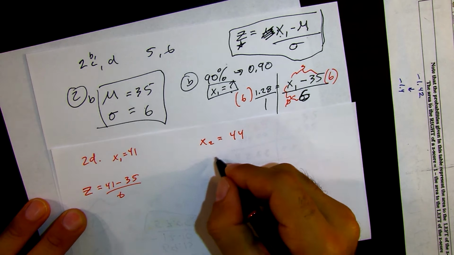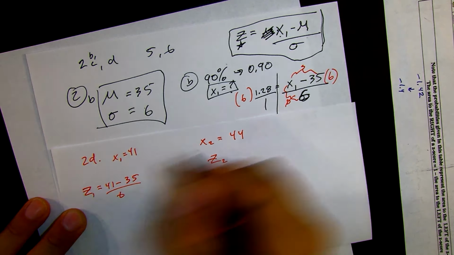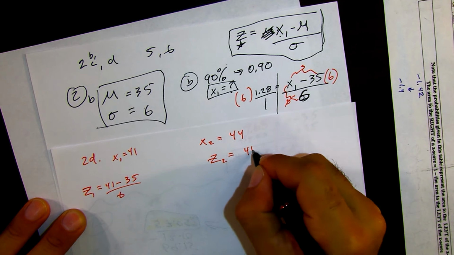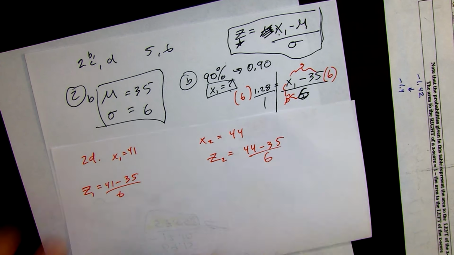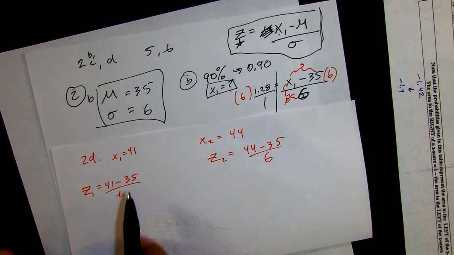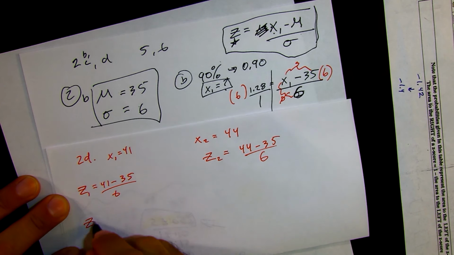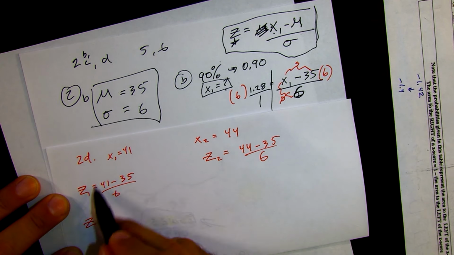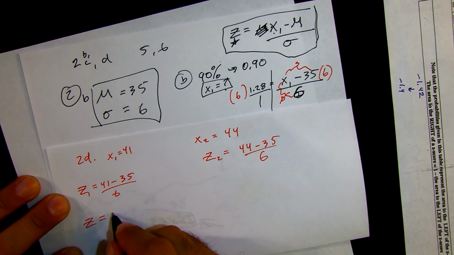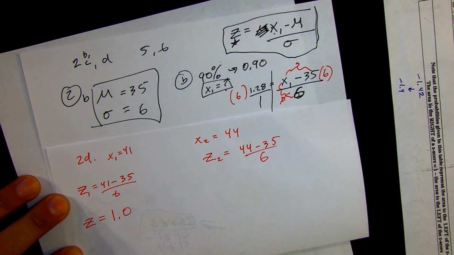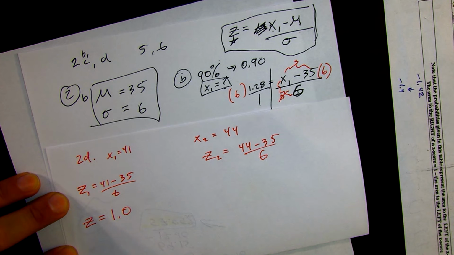For this one over here, we get 6 over 6, so it's 1.0. This one over here, it looks like we're going to have 9 over 6, and that's just going to give us 1.5.